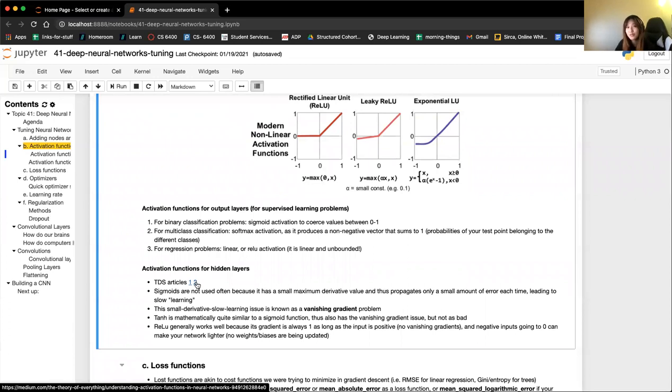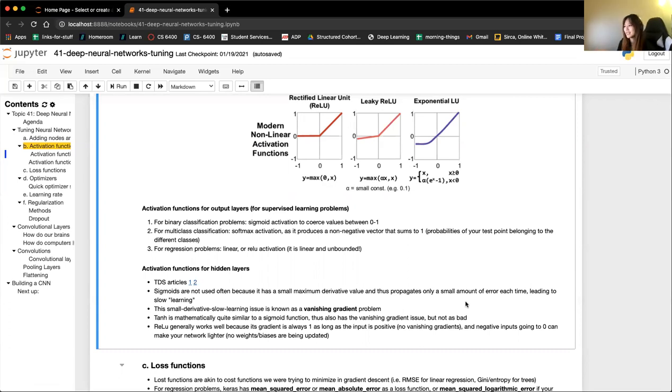As I mentioned with the example of using a logistic regression to act as like a single perceptron, we talked about sigmoid being the activation function. Interestingly, sigmoids are actually not used very often within a hidden layer of a neural net because it has a small maximum derivative value, therefore only propagates a small amount of error each time, leading to slow learning.